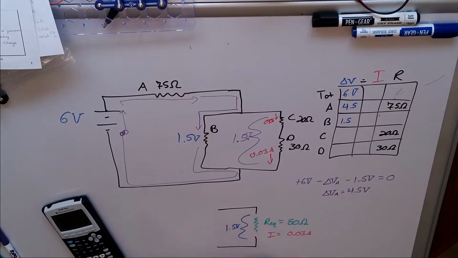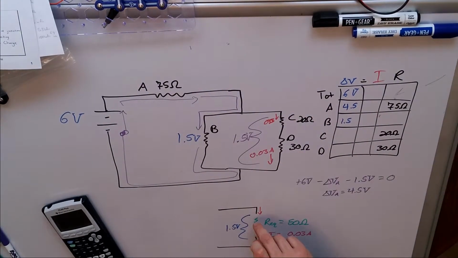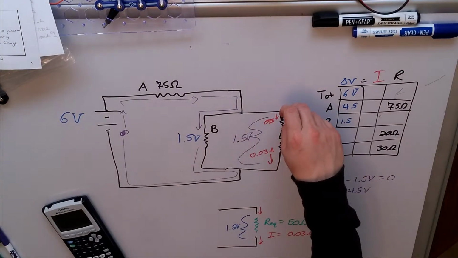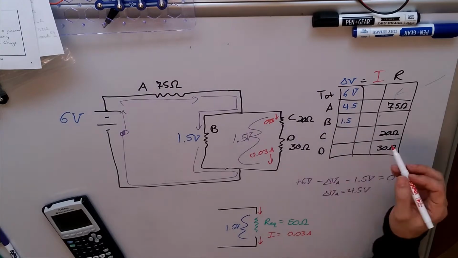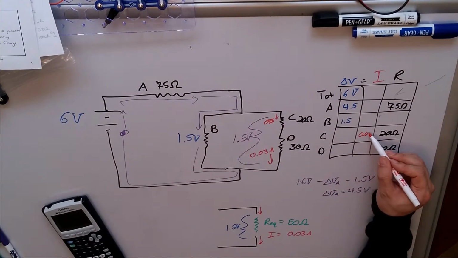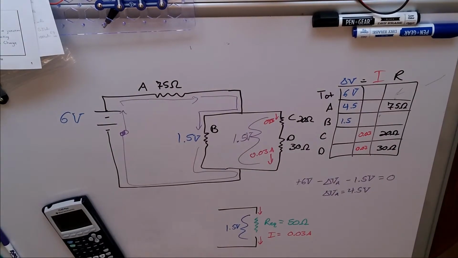And if we then take that back, so it's 0.03 coming out, 0.03 coming in, that's how currents work. That means that in real life, these two together into the green, we must also still have 0.03 coming in and 0.03 coming out, which means it must go through C, 0.03, and D, 0.03. Well, let's see what they come up with.